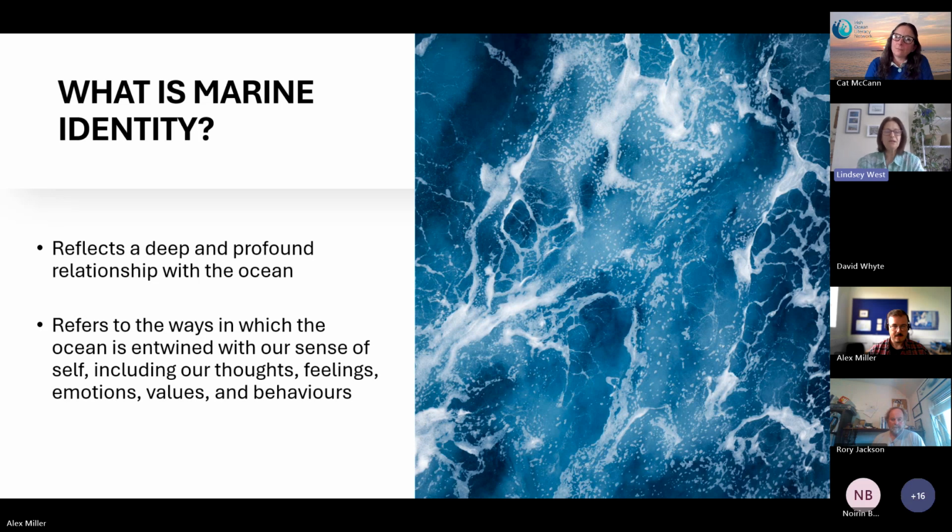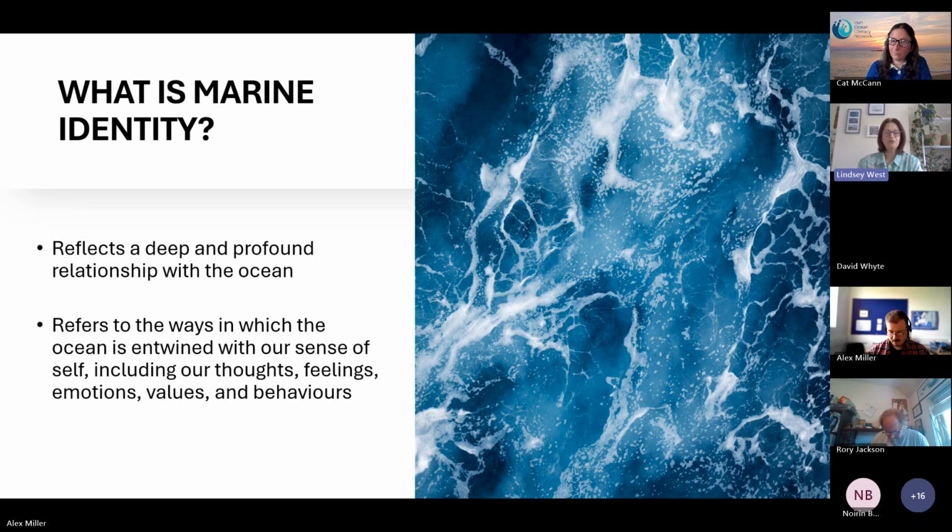Yeah, so we might be familiar with the concept of environmental identity, which reflects how individuals perceive themselves in relation to the natural world. So marine identity expands on this concept and refers to the way in which individuals understand themselves in relation to the ocean. So people with a strong marine identity feel that the ocean and the self are interdependent.